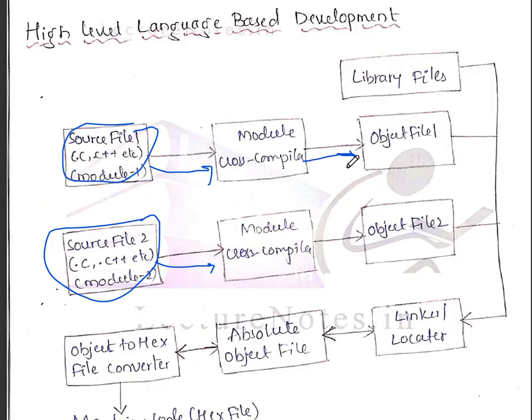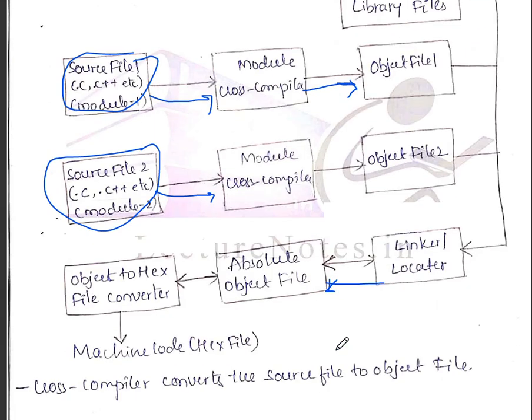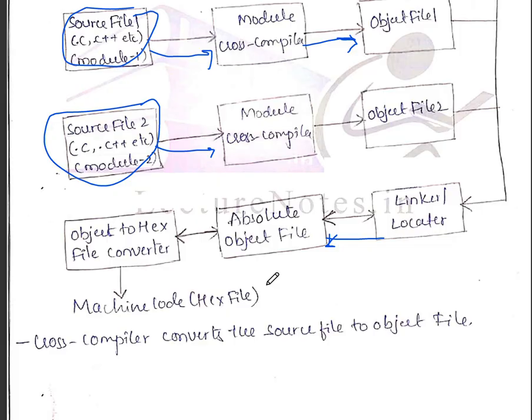Object file and library files are already present before, and the linker or locator will connect the library files and object files. Next is the absolute object file. From the absolute object file it will move to the object to hex file converter, and finally we obtain the machine code.